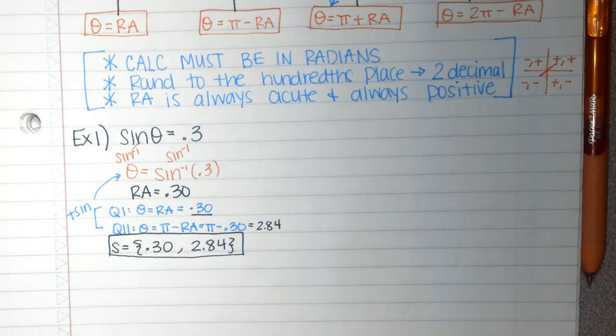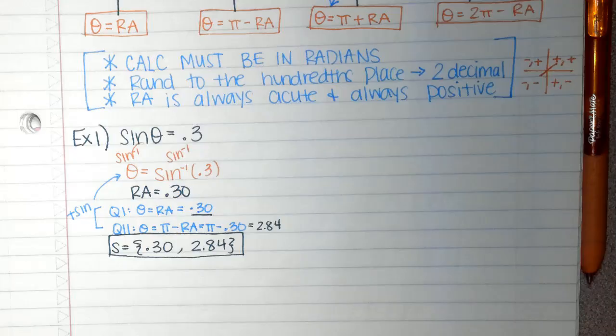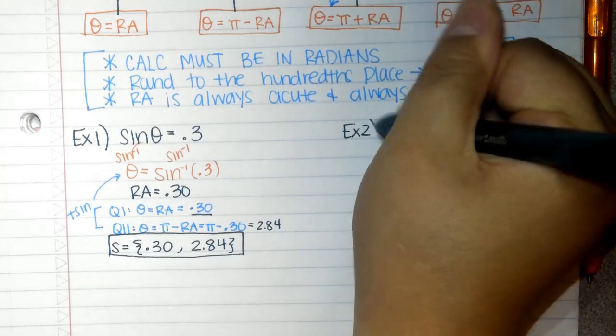Does everybody understand why we chose quadrant 1 and quadrant 2? Because it's a positive sine. The answer is just wherever the function is positive, whatever the quadrant. Correct. All right, let's do example 2.